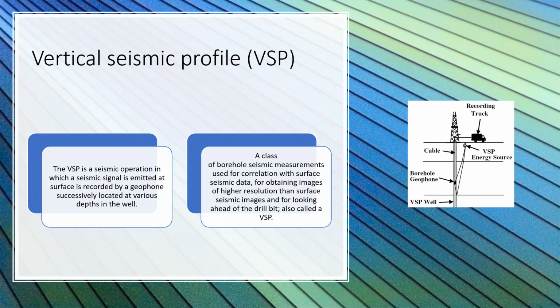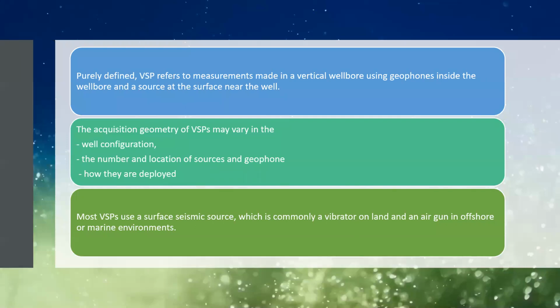We can also define VSP as a class of borehole seismic measurements used for correlation with surface seismic data, for obtaining images of higher resolution than surface seismic images, and for looking ahead of the drill bit. Purely defined, VSP refers to measurements made in a vertical wellbore using geophones inside the wellbore and a source at the surface near the well.